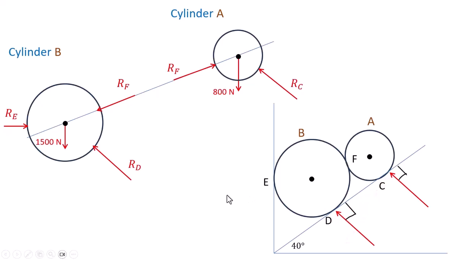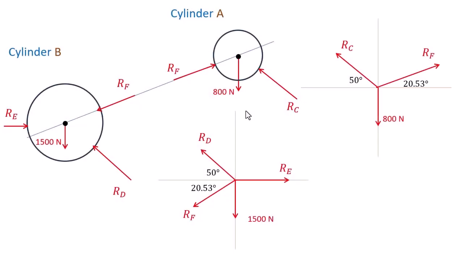To find the angle of reactive forces with respect to horizontal, first draw the horizontal reference line from points C and D. Since the plane is inclined at 40 degrees to the horizontal, the reactive force makes an angle of 90 minus 40 equal to 50 degrees with the horizontal, and it is shown diagrammatically here.